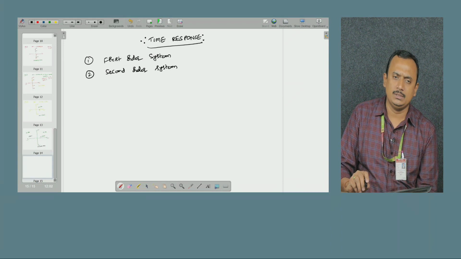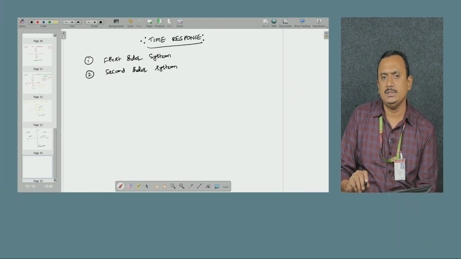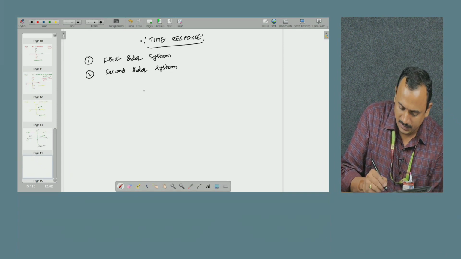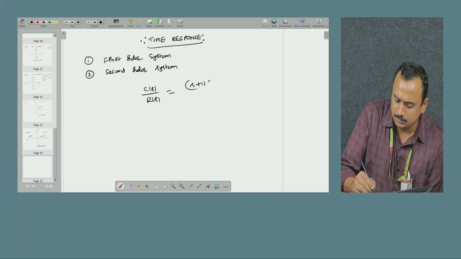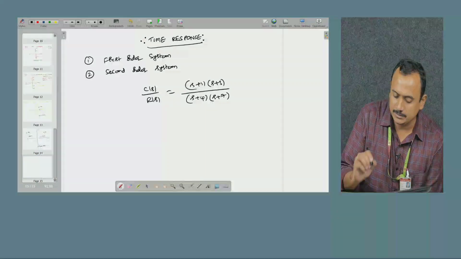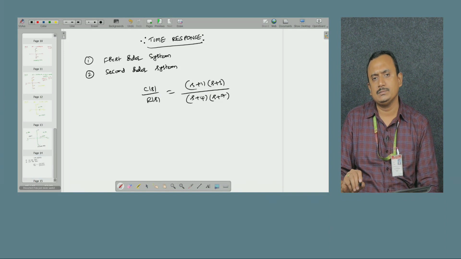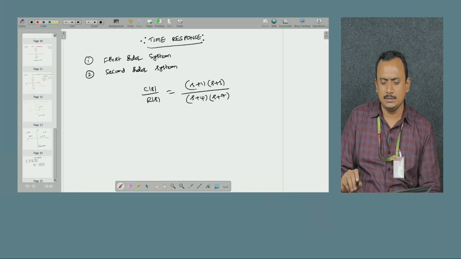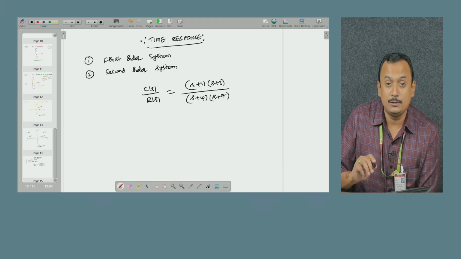In CO1, or in the first unit, the outcome is the transfer function, that is C of s by R of s is equal to something, say s plus 1 into s plus 3 by s plus 4 into s plus 7, let us say. Now here in this time response, we are going to find the response of the system.